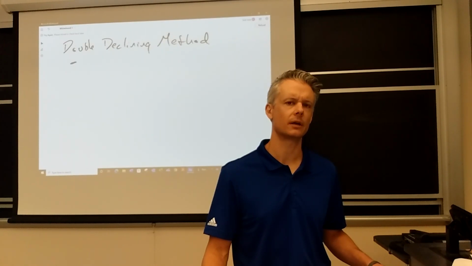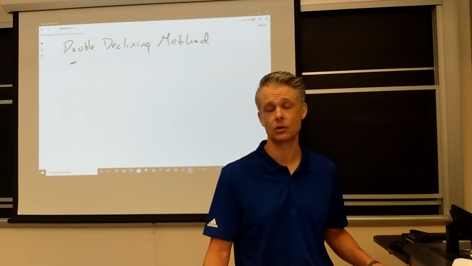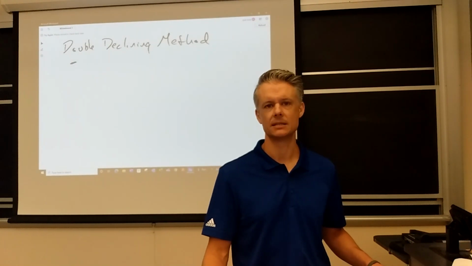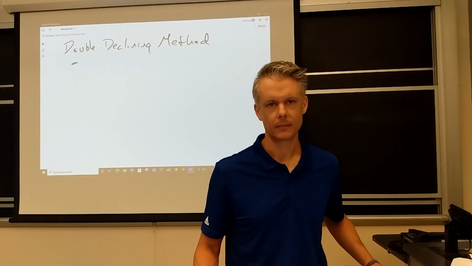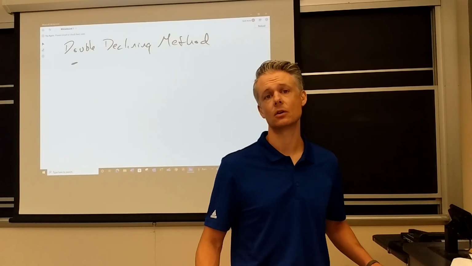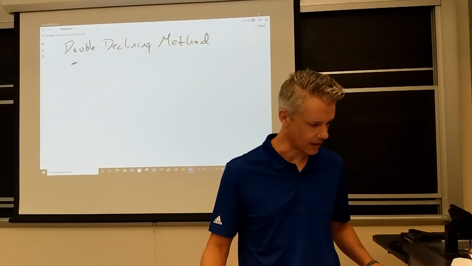Make sure you understand the difference between those two. Book value, which is stated on the balance sheet, cost minus accumulated depreciation, is different than the depreciable base. The depreciable base of an asset is the cost of an asset minus its salvage value.